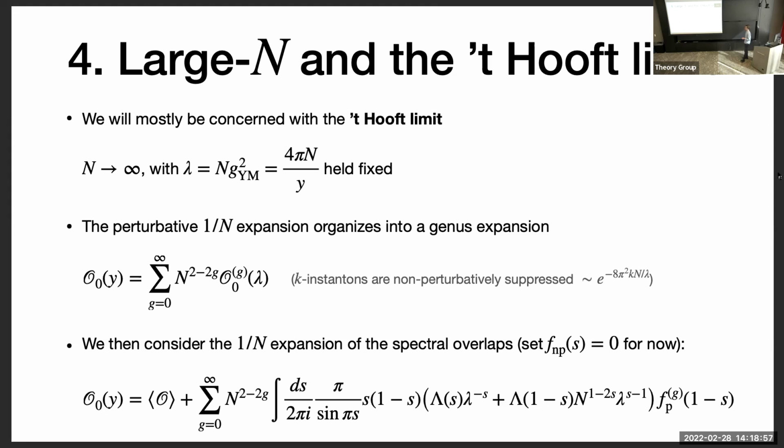SL2Z tells you that in addition to this term, which will generate a power series in lambda, there's this funny partner, which reorganizes the 1/N expansion. So in particular, it tells you that FP needs to cancel the poles of the sine at integers, and it is allowed to have poles at half integer values of S, just for consistency of the genus expansion. Very good.